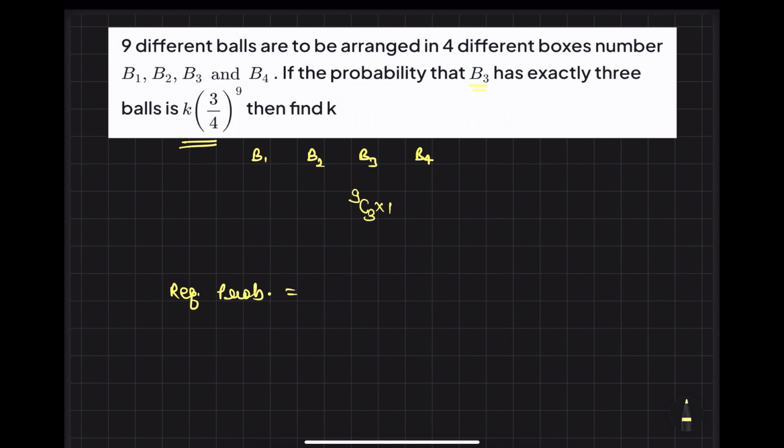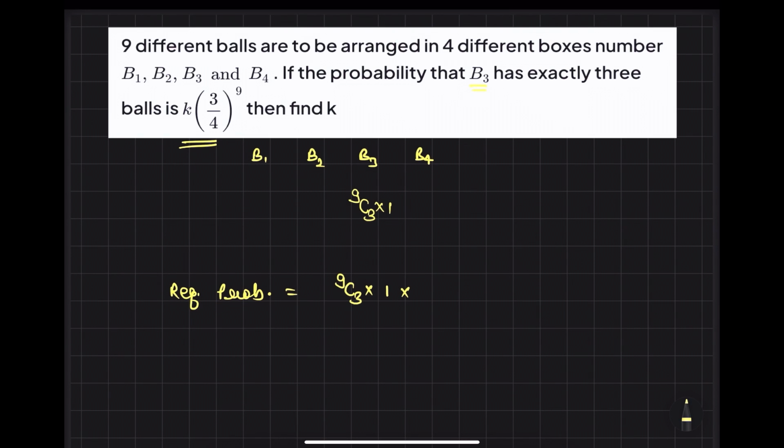Okay, so look at this. First I will put 3 balls into bag 3. So 9C3, I have selected those 3 balls because the balls are different. Now how many choices do I have for these 3 balls? 1, because I have to put them in bag number 3.